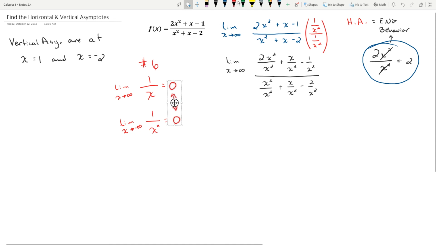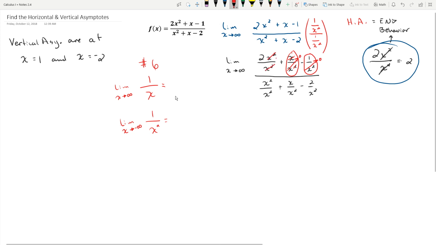So what this says is that for any value over x, such as in this term, 1 divided by x squared, that is approaching 0. Because this x reduces to 1 in the numerator over x, this is also approaching 0.